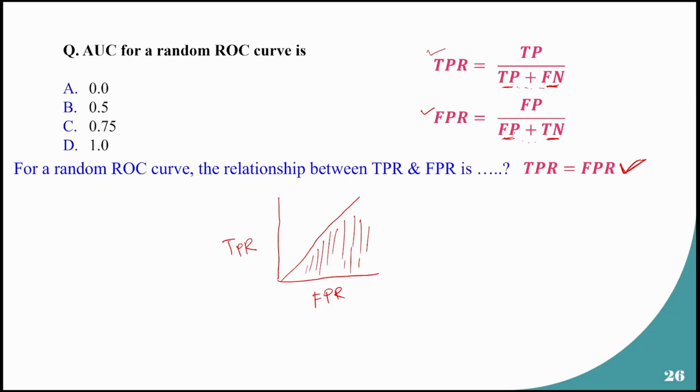So the model cannot distinguish between the classes. For a random ROC curve, the AUC will be 0.5, so the model performance is random. Okay, so that's what the question was asking.